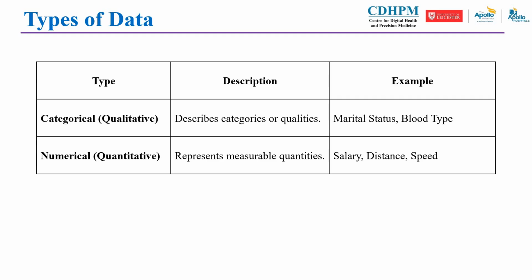What is numerical data? For example, the years 2019, 2020, 2021, 2022. That is numerical data. Dosage of drugs, 100 microgram, 200 microgram, 300 microgram. There is a continuity in that data. That is called numerical data.